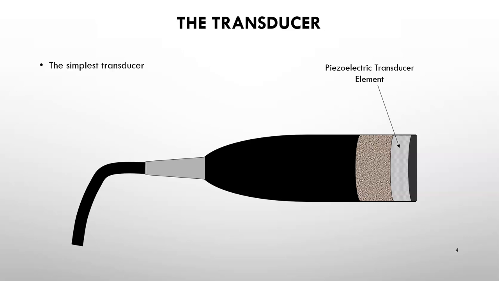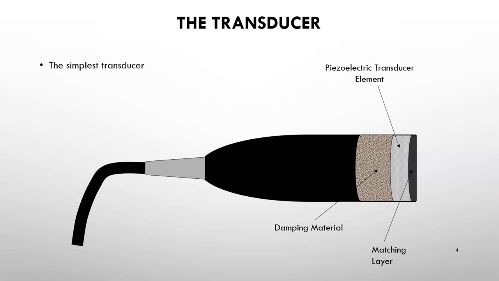It has backing material behind the crystal, behind the element, and this damping material or backing material, it's known as both, is able to deaden the movement of the transducer element. In front of the element there is a matching layer, and this matching layer helps to get sound to move from the element into the human body.